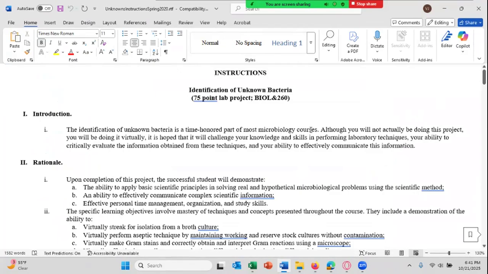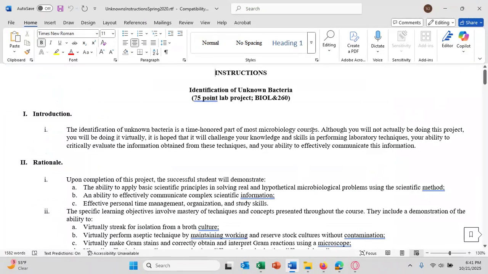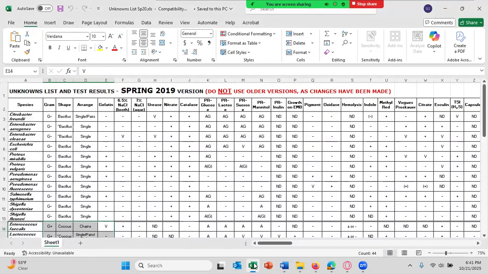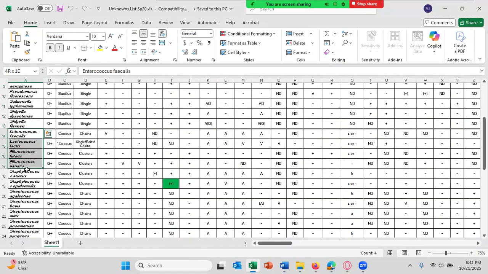What I'm going to do is send you a number, and the number will represent a species of bacteria. So everything we do on this project will be online, but I'm going to send you a number, and the number will be representing one of these gram-negative cells here, or one of these gram-positive cells here.